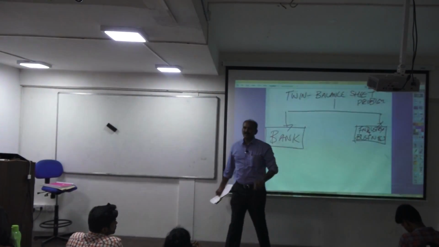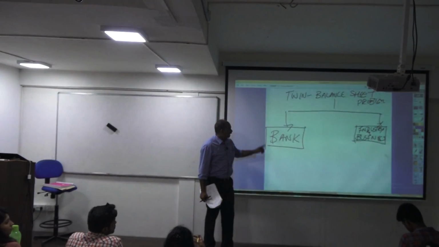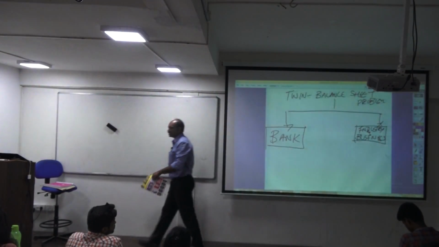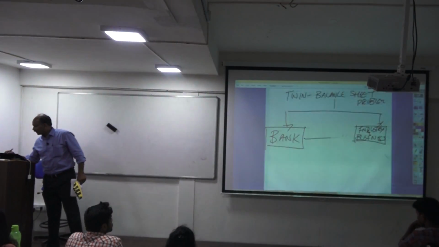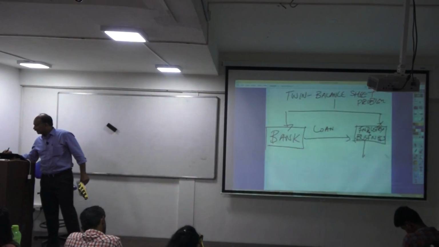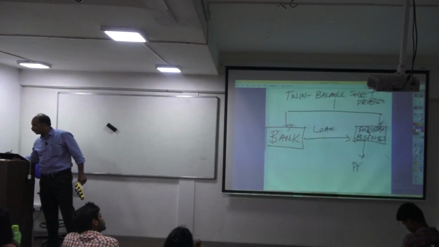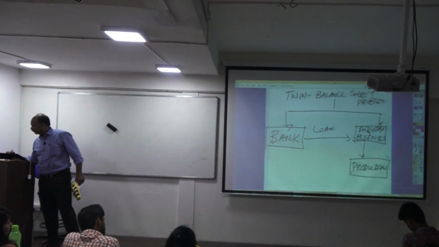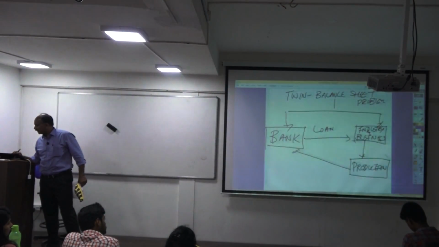Now the bank is giving a loan to industries and businesses. The industries and businesses have to go for production, and once they go for production, they'll be able to repay.